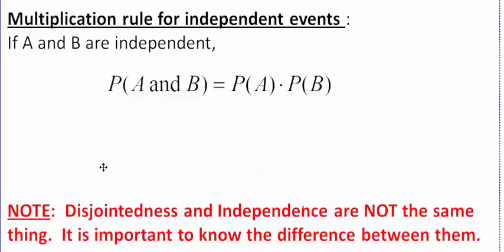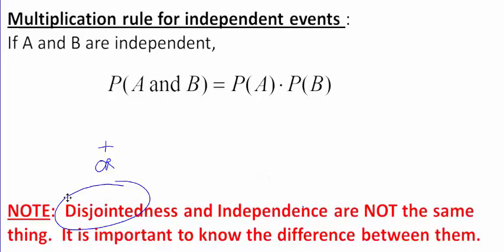So one thing to note is if you're dealing with disjoint, the only time we deal with disjoint is if the question being asked is an or question, the probability of A or B occurring, which always refers to adding probabilities together. If we're dealing with independence, then we're dealing with an and kind of question. That's this example up here. So you want the probability of A and B happening at the same time.